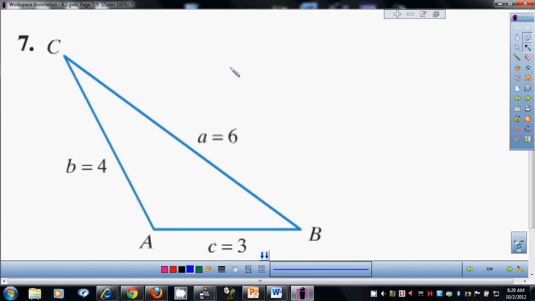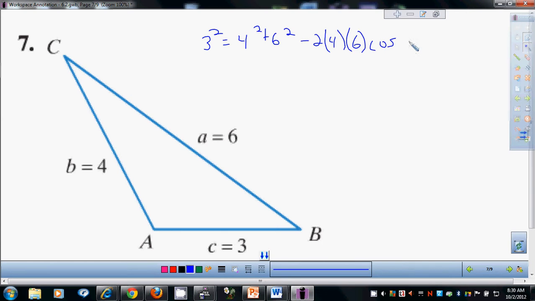But if you want it to, you should know I'm going to start out looking for angle C. Again, you don't have to do that, but if you want your work to look the same as mine after I unfreeze this in a minute, you'll want to start out looking for angle C. Although we should get the same answers regardless.